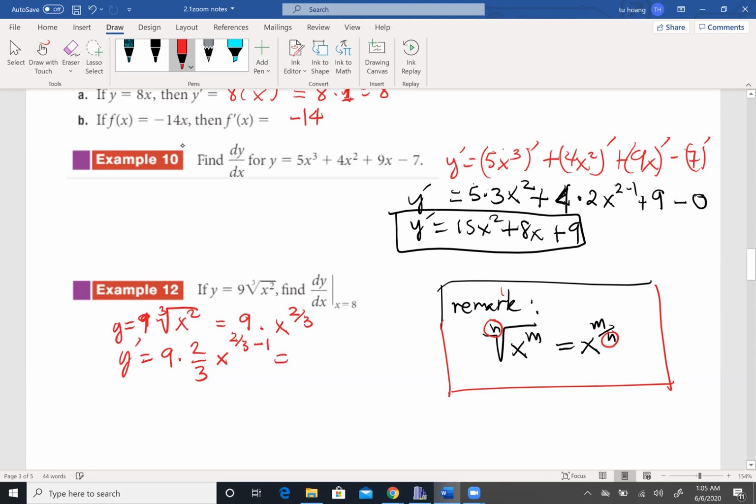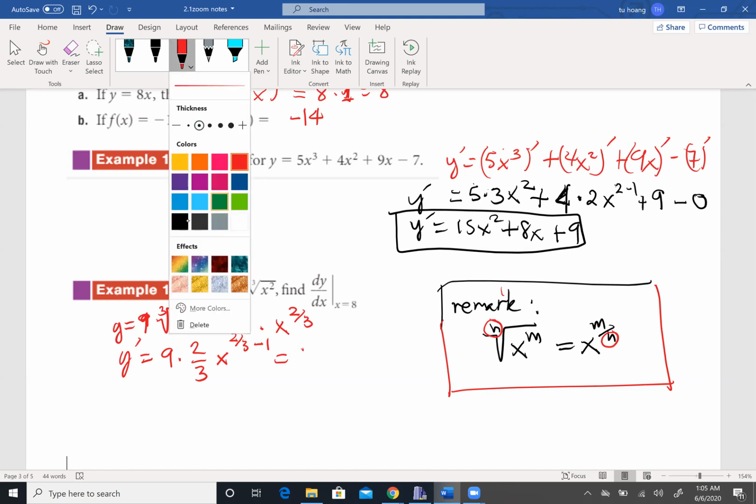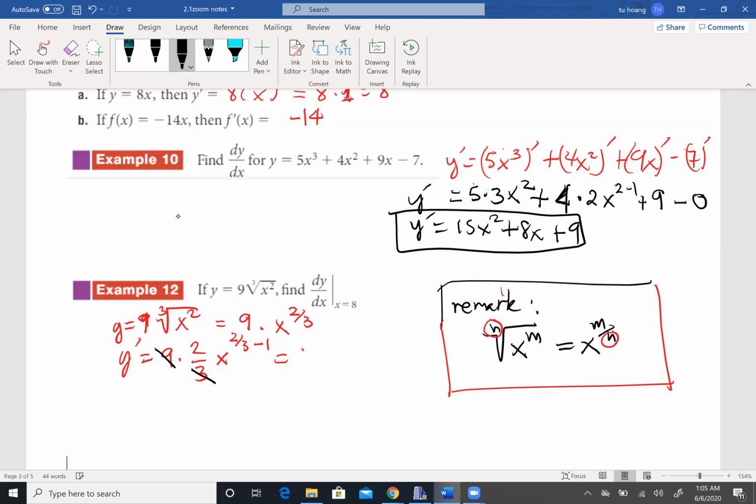Let me try to simplify this. I have 9, and I can cancel this 3 by factoring 3 out from 9, and then I have 3 times 2 become 6 and x to the power 2/3 minus 1.